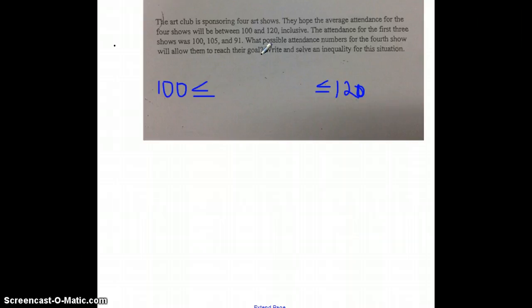We've already had 3 shows, but we're going to have 4 shows in total. We have to add up the attendance of all 4 shows to get the average. Well, we have 100 plus 105 plus 91.